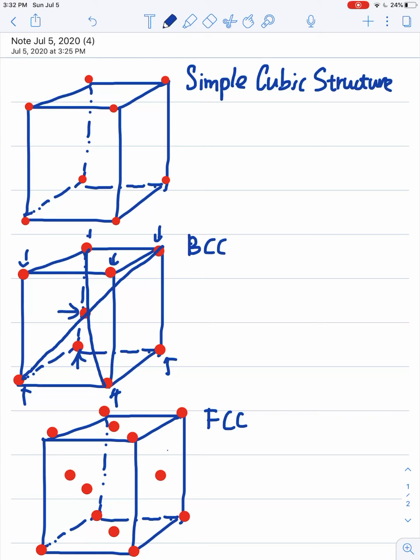In this case, the total number of atoms inside of this BCC structure is 1 atom, the atom at the body center, plus 8 times 1/8, which accounts for the atoms at the 8 corners. It turns out that we have in total 2 atoms inside of a BCC unit cell.